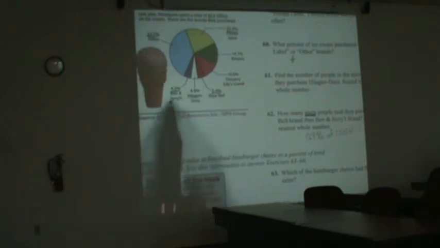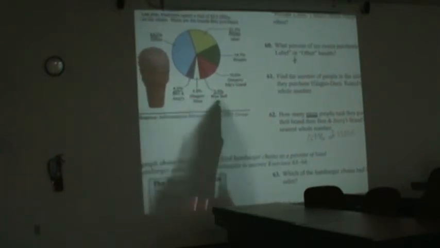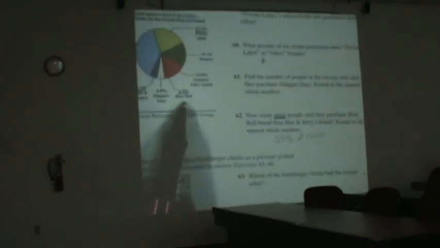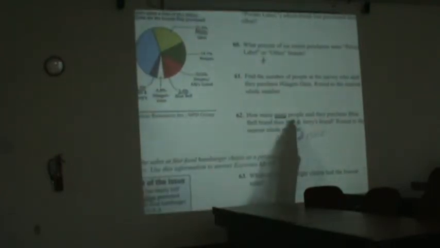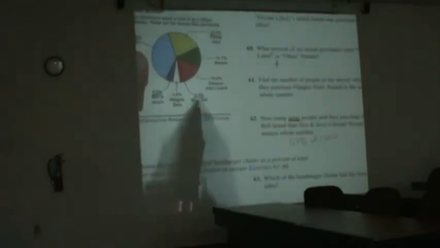Here's Blue Bell, Ben and Jerry's. So you have to subtract those percentages, okay? But that's your percent. Did it say what percent or did it say how many more people? It said people. So you subtract these to get the percent.